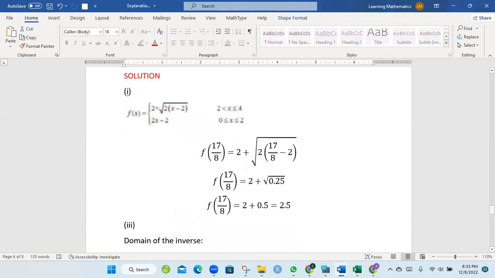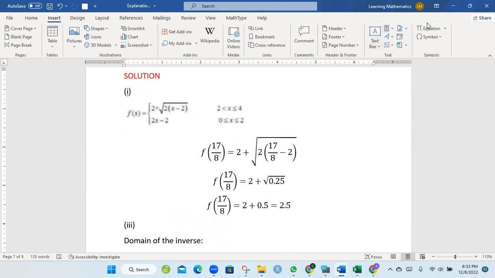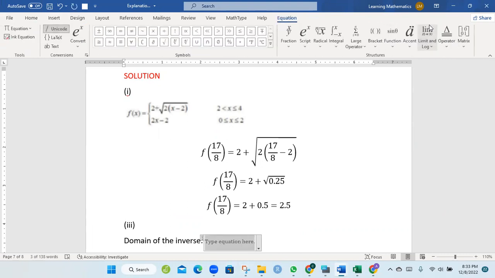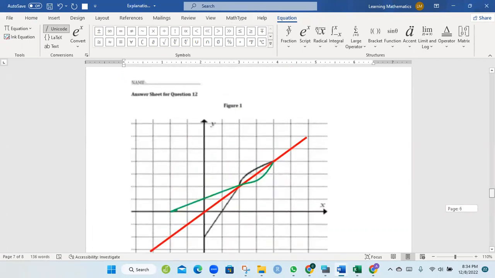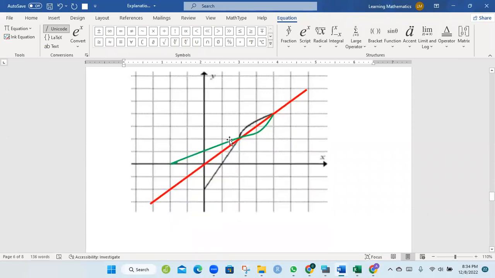That will be the domain of the inverse. So write this in x: x greater than or equal to negative 2, less than or equal to 4. That will be the domain of the inverse. Remember, the domain is on the x-axis, and this is the green part from negative 2 to 4.